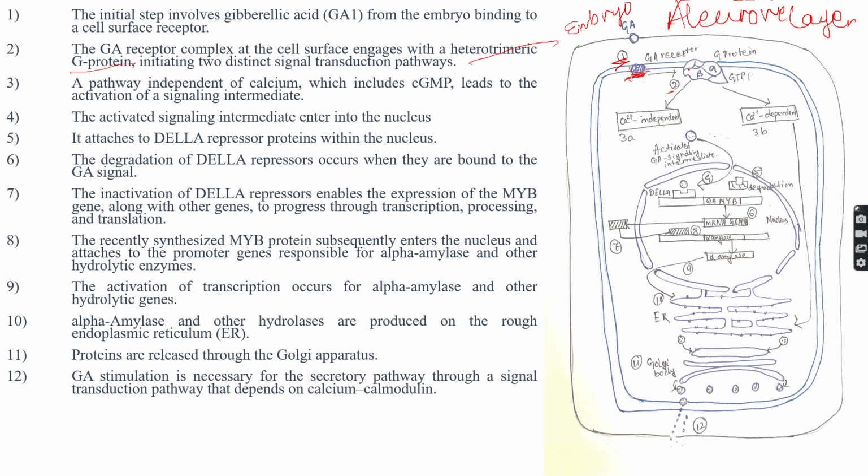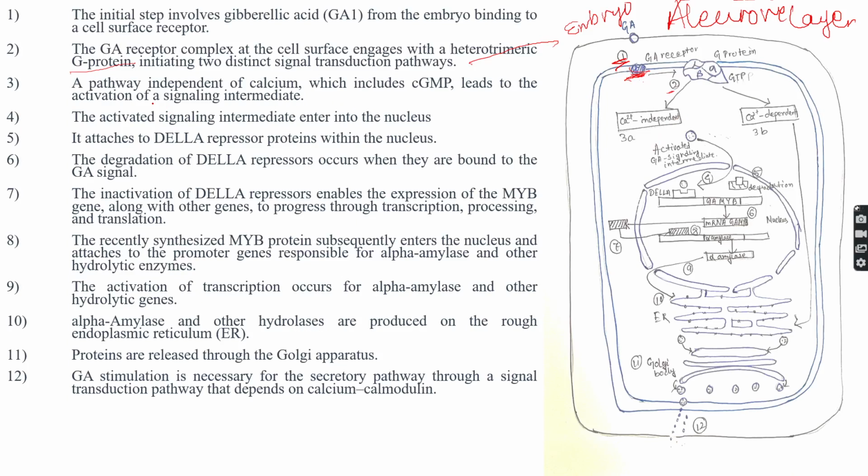This G protein has three subunits: alpha subunit, beta subunit and gamma subunit, and it is also attached with GTP. On activation, the whole part will be dissociated, and it will form cGMP, which will act as a signal transduction or signaling intermediate for further signaling.